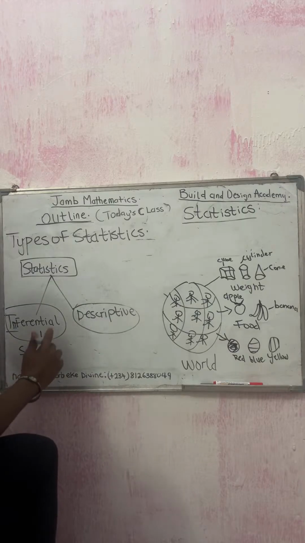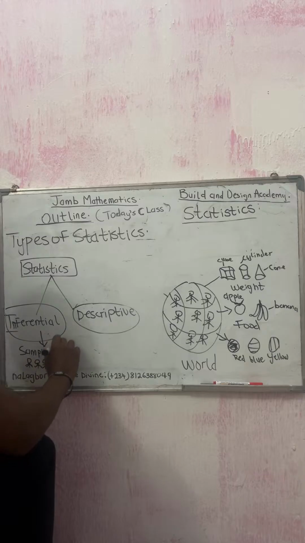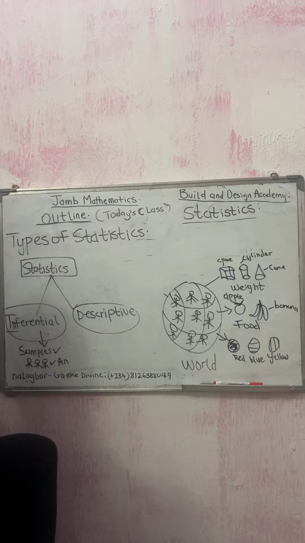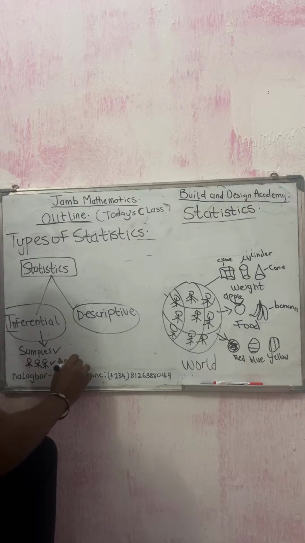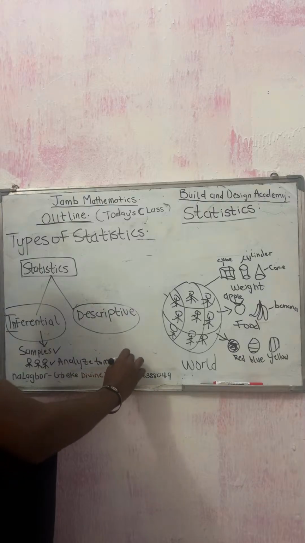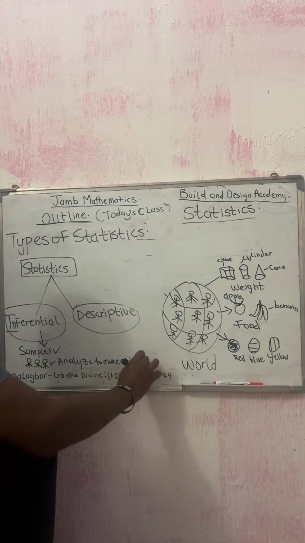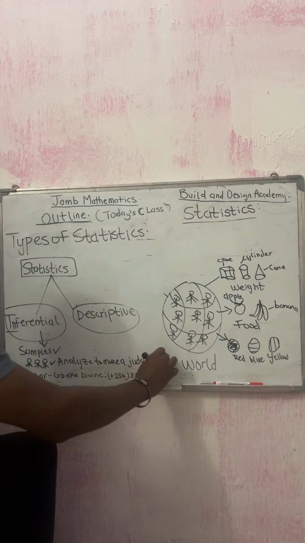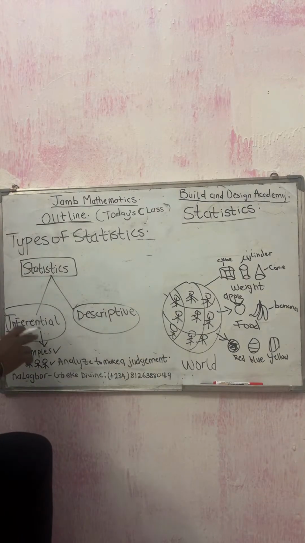First thing you need to note, take the samples. Then next you analyze it to make a judgment or a claim about the population. So that is what inferential statistics means.